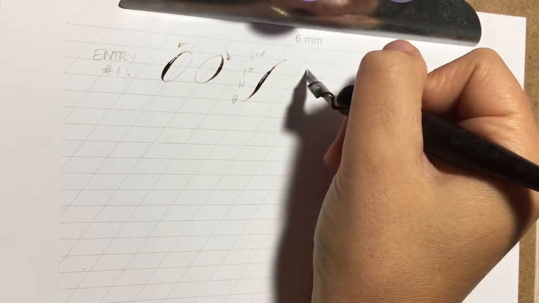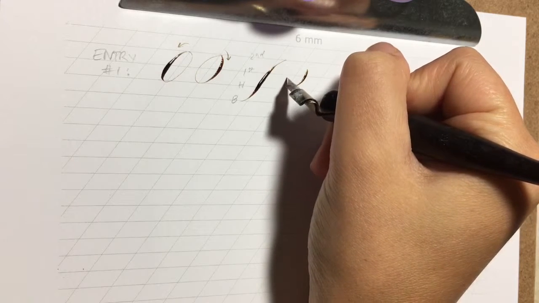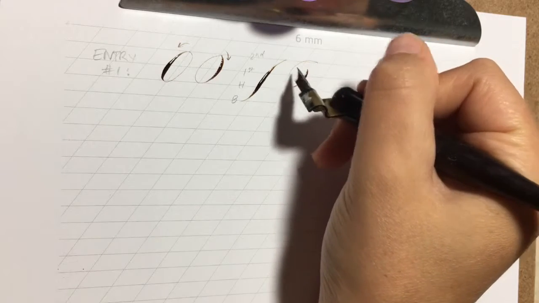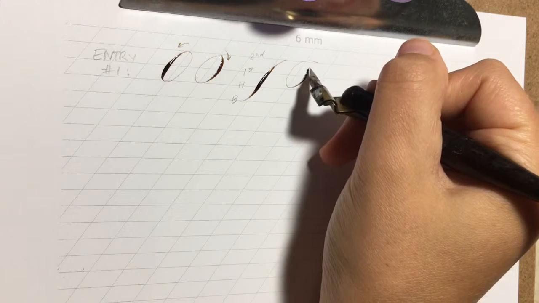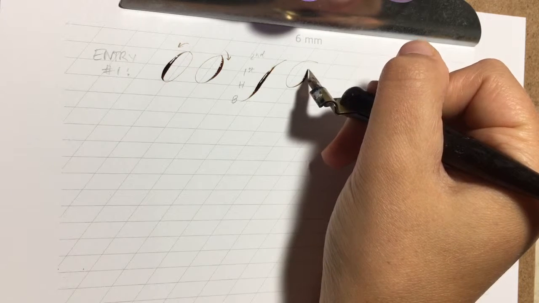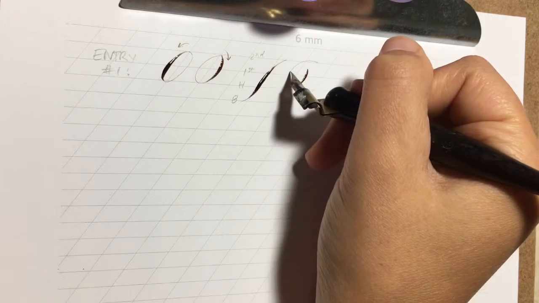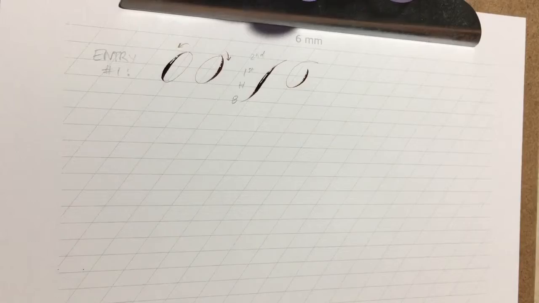Okay, so the indirect oval, you can start a little bit below the second ascender. So that's this line. I started about halfway between the first and second ascender right here. You could start a little higher, a little lower if you want, but I would recommend starting a little below the second ascender. Then we come down, make a shade on the right, come back up, and then reach the second ascender.